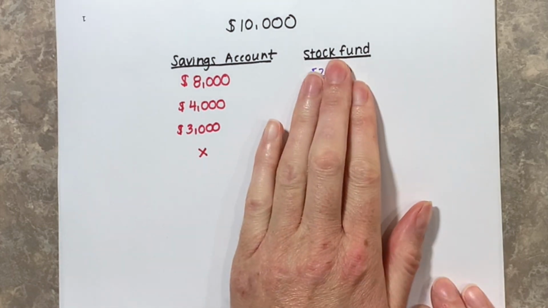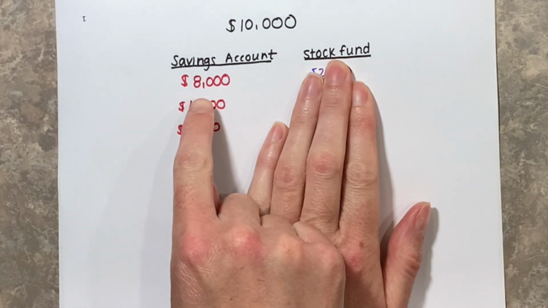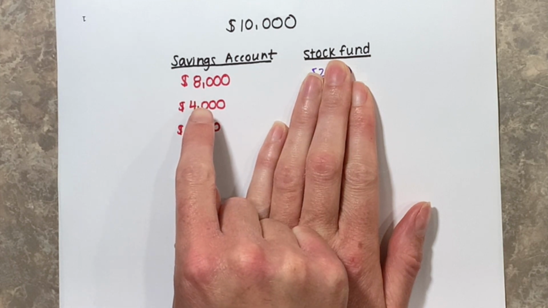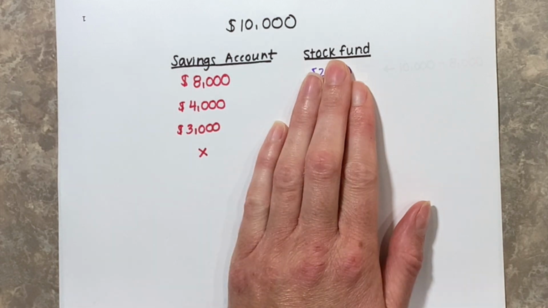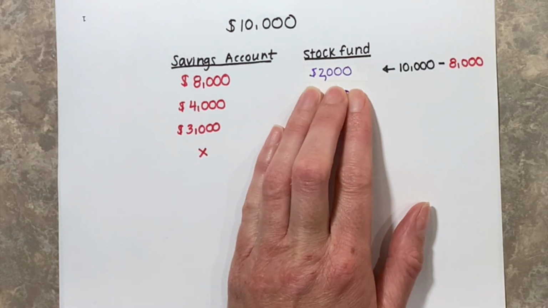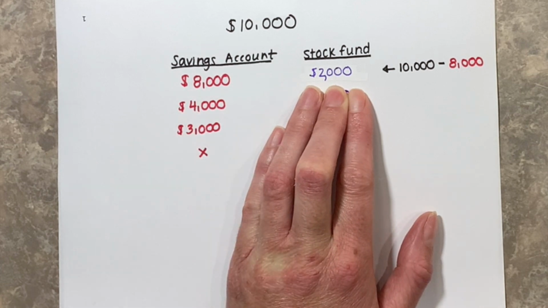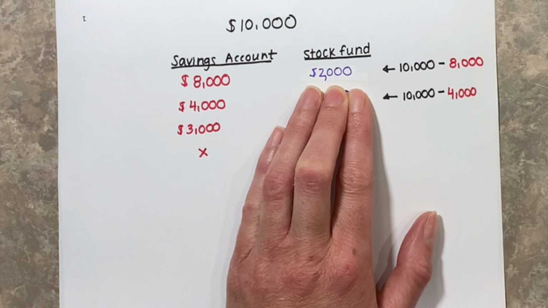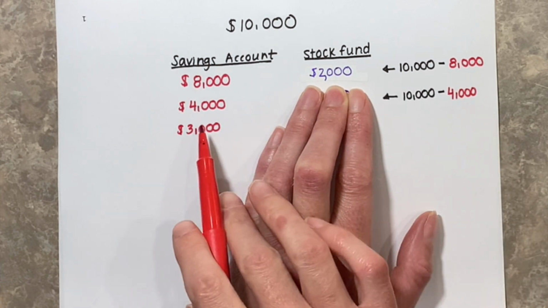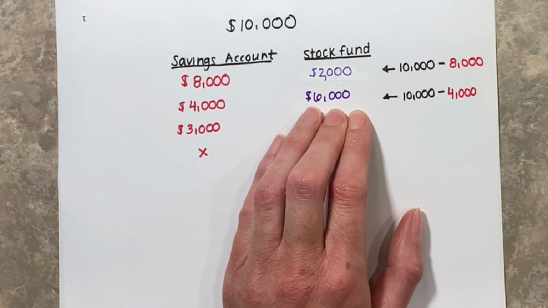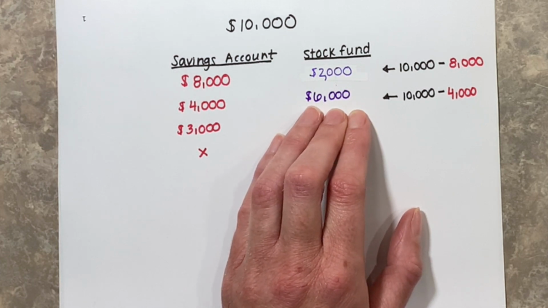When we knew that Max had invested $8,000 in the savings account, to determine how much of the $10,000 was left over to invest in the stock fund, we took $10,000 minus $8,000 to give us $2,000. If Max invested $4,000 in the savings account, how much is left over to invest in the stock fund? We can take $10,000 minus the $4,000 that he's investing in the savings account, and that gives us $6,000 left over for him to invest in the stock fund.